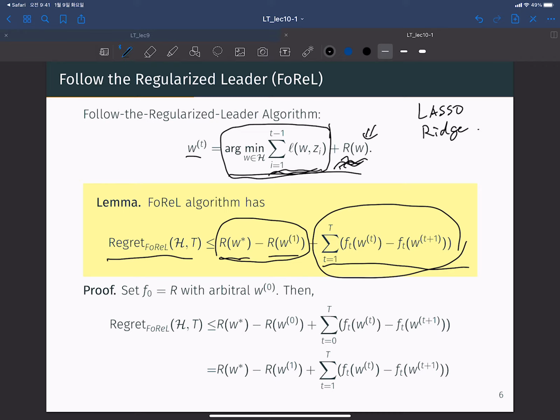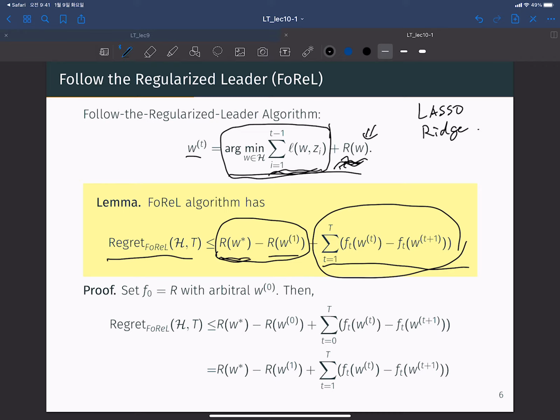If we don't think very carefully, maybe we can think this upper bound is worse than the previous upper bound because we have an additional term. But that's wrong. Why?